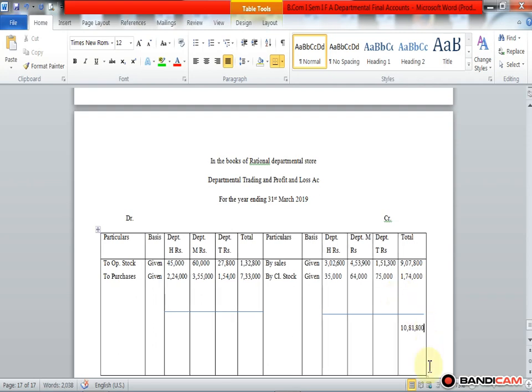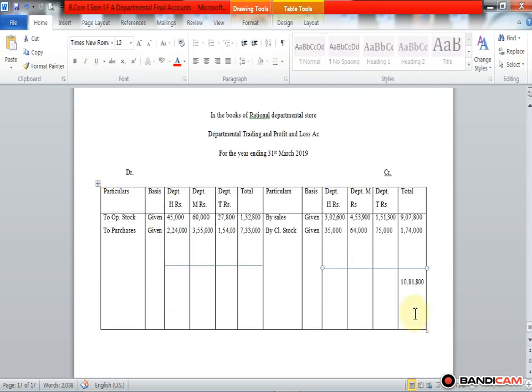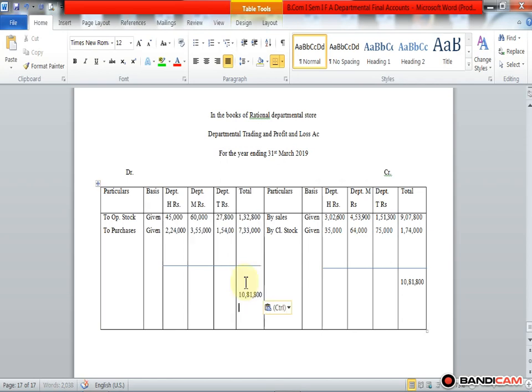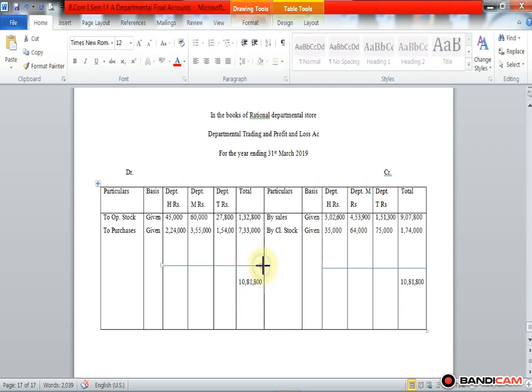So here we take this total into credit side and find the difference, and that difference is called gross profit.